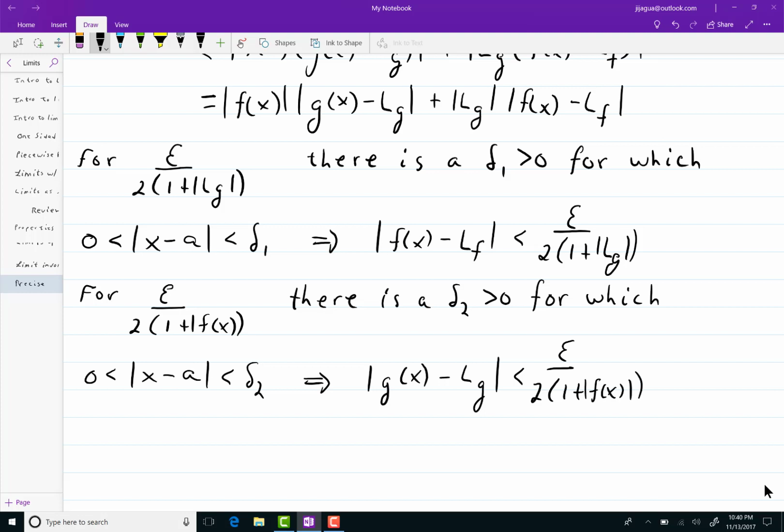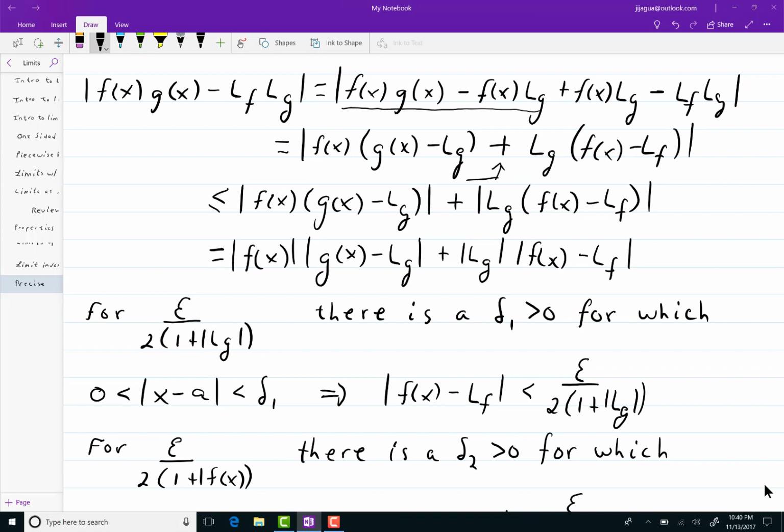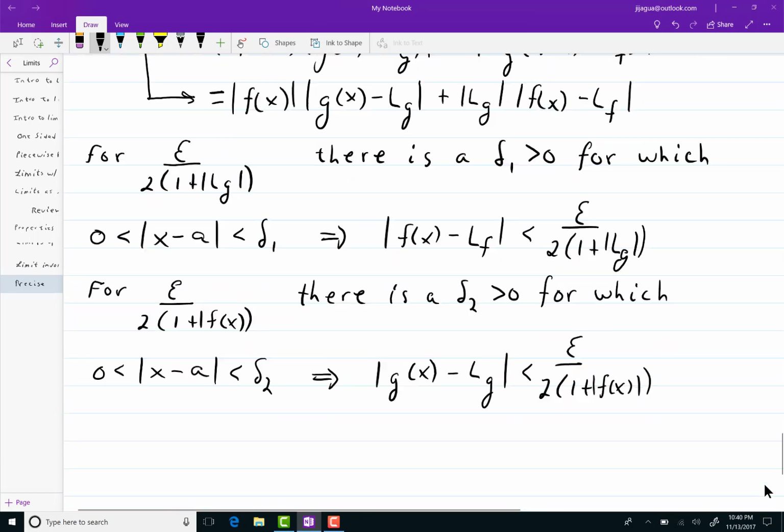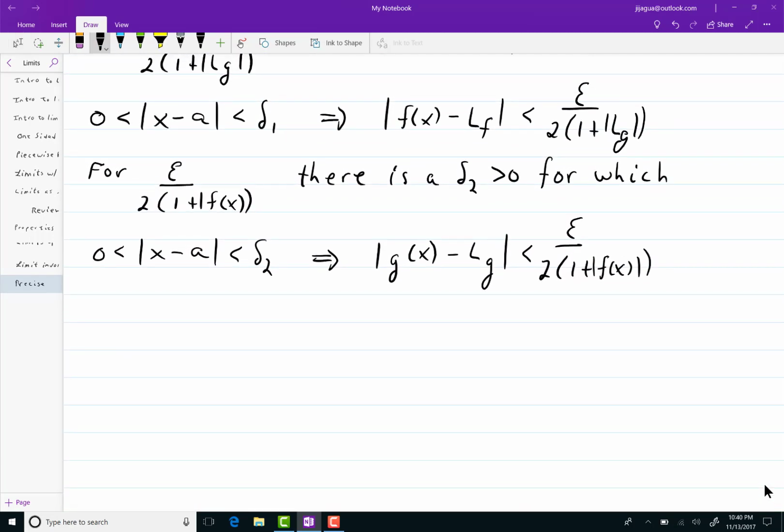Alright, so let me go back up where I was before with this thing right here. I had gotten from f of x times g of x minus Lg, and I got down to the line that has absolute f of x times the absolute g of x minus Lg plus the absolute Lg times the absolute f of x minus Lf. I'm going to rewrite that particular inequality. Let me keep that stuff on the page if I can.